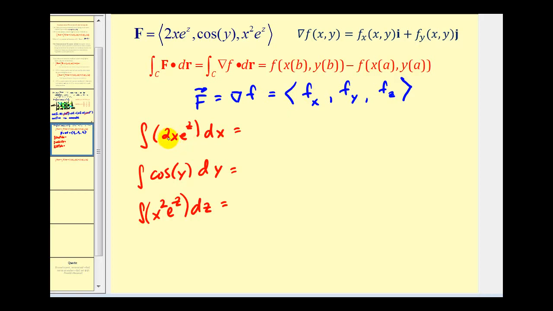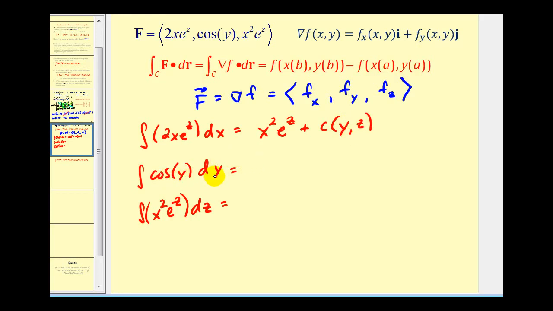So here we're going to have 2 times x squared over 2, that'll just be x squared e to the z. But now we're only recovering the x part of the potential function, so our constant of integration could be a function of y and z.